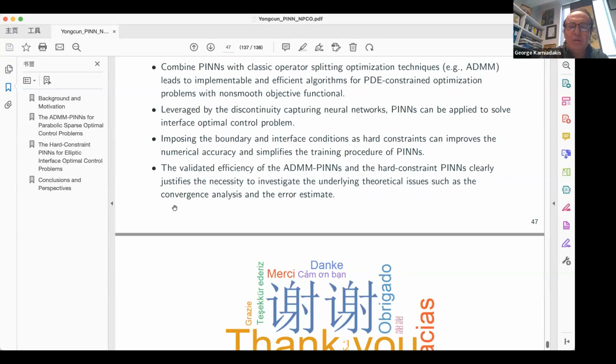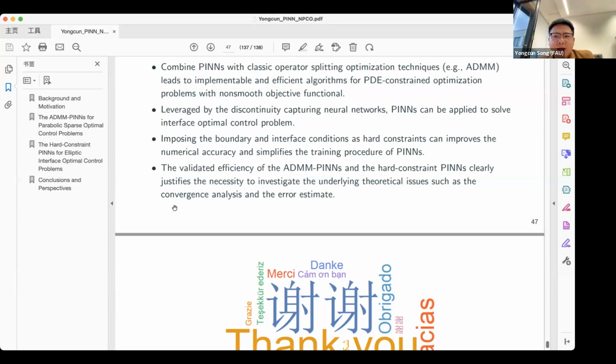And I also have another question. You didn't compare the ADMM PINNs with other methods, like the adjoint methods. Have you done it and you didn't show us, or the reviewers didn't ask for it? We have done it, privately, because this example we have solved before using some finite element methods, and then some other optimization algorithms.